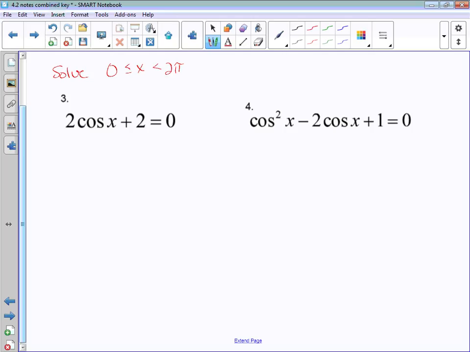You'll go back to Algebra 1 for a minute and see these are not hard. We're not going to graph these. All right, so what if I gave you an algebra equation that said 2x plus 2 equals 0? How would you solve that?